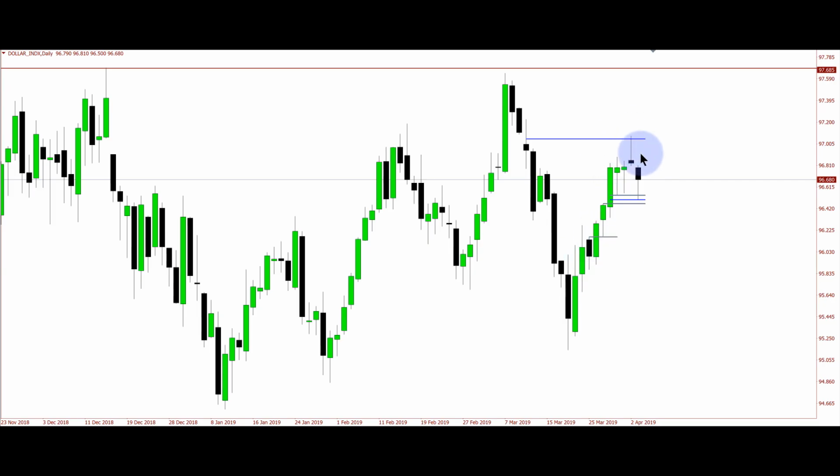Or do we run above here and fill in this entirety and then continuously press higher for that longer term buy side liquidity relative to the dollar index? I don't know, and because it's non-farm payroll week, I don't care. And that's another reason why I'm taking the rest of the week off. I've got to get caught up with content production.